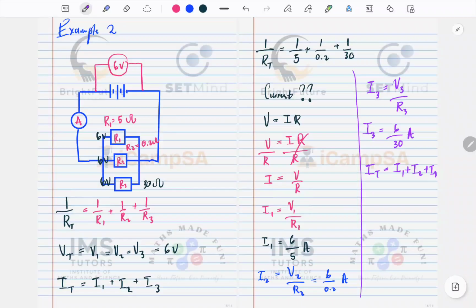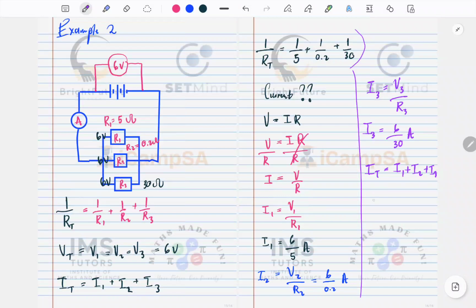Or alternatively, you've calculated this part here, and you also have the total voltage. Then you can calculate this IT.